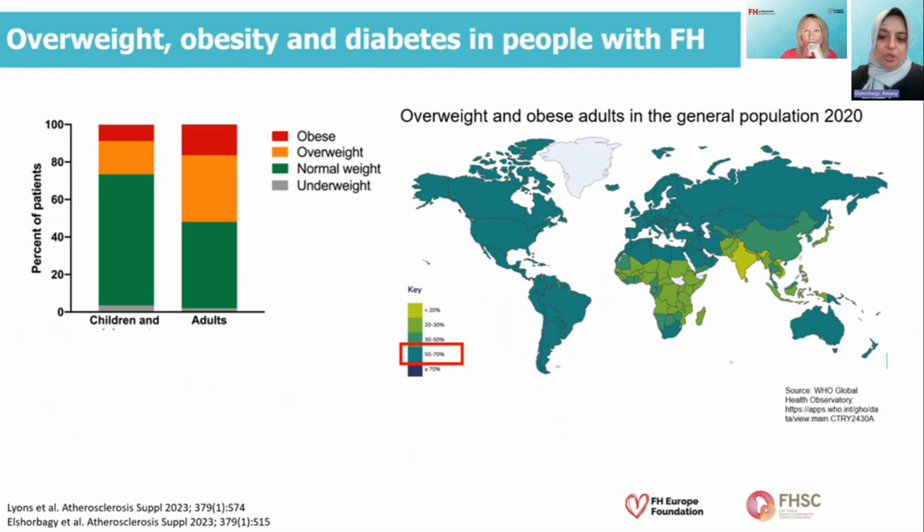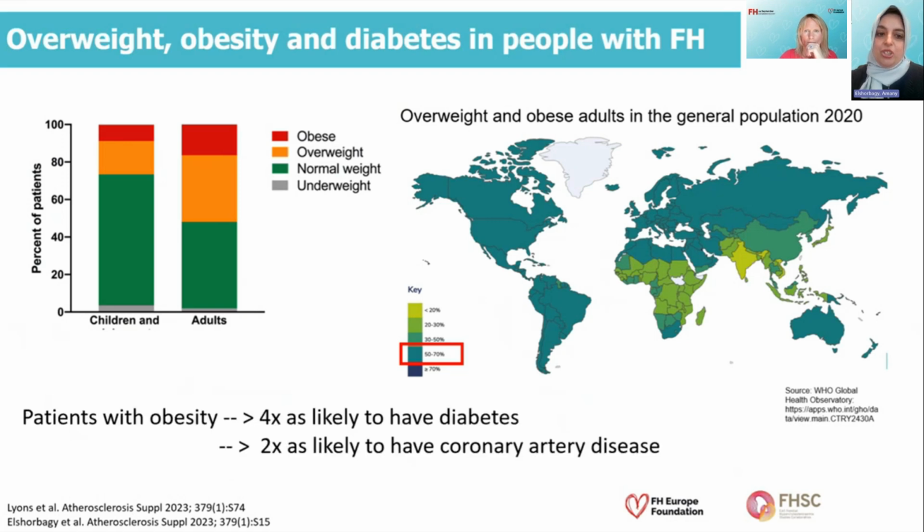But what we saw at this time point is that patients with obesity were more than 4 times as likely to have diabetes than patients without obesity. And they were twice as likely to have coronary artery disease, and about 1.5 times as likely to have stroke. So again, the patients appeared equally susceptible to the detrimental effects of obesity as the general population.